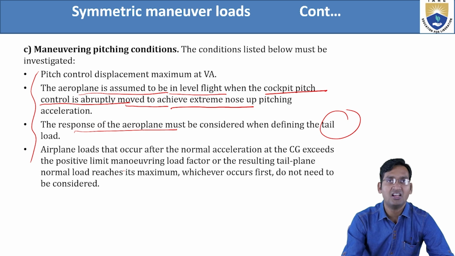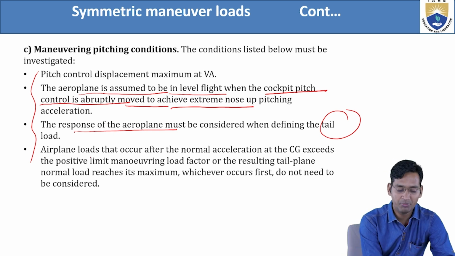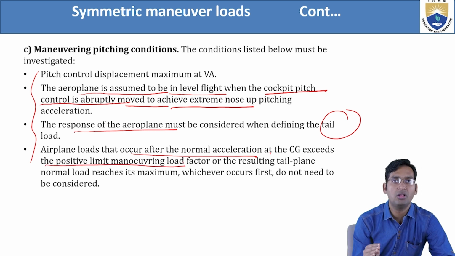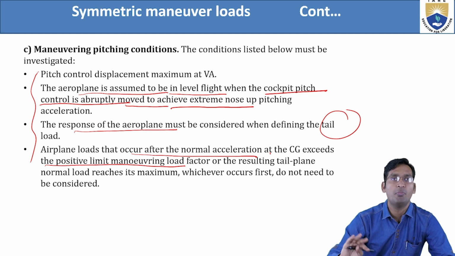Airplane loads that occur after the normal acceleration at the CG exceeds the positive limit maneuvering load. So after the normal acceleration, what happened? At the CG it exceeds the positive limit maneuvering load. So now the maneuvering load in the positive limit is exceeded.